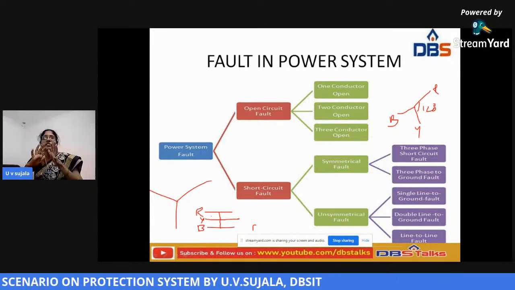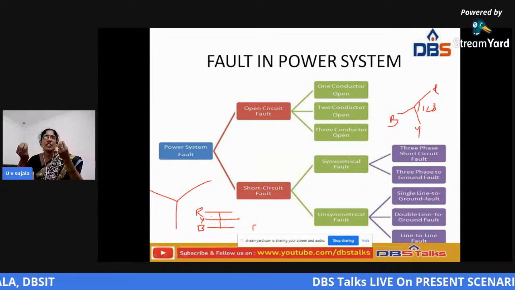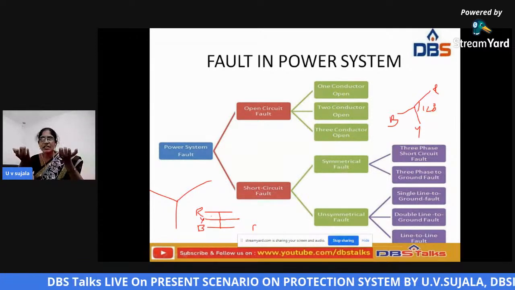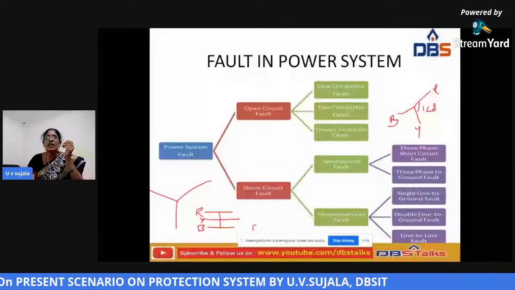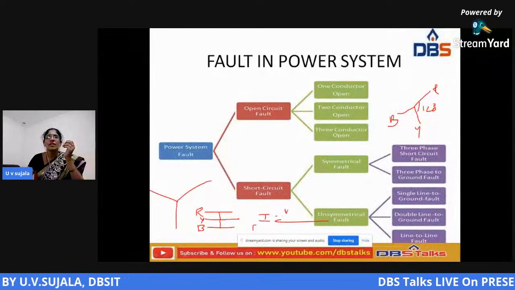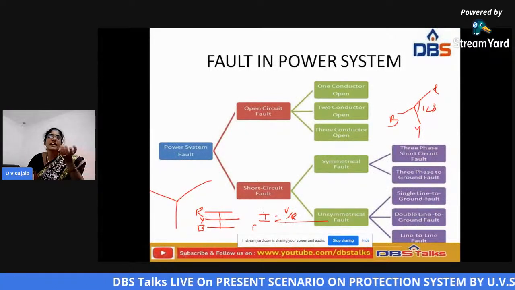The current will be more because the resistance, the impedance, will be less. According to Ohm's law, I is equal to V by R. So whenever the resistance is less, the current will be increased.